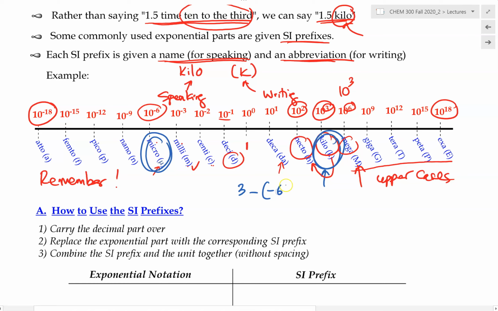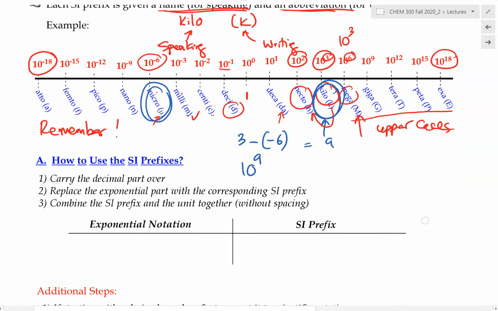So we are subtracting a negative 6. 3 minus negative 6 is equal to 9. So basically 10 to the 9 times larger. Okay, so a kilo is 10 to the 9 times larger than a micro. So that is how we can determine how much one is bigger than the other.